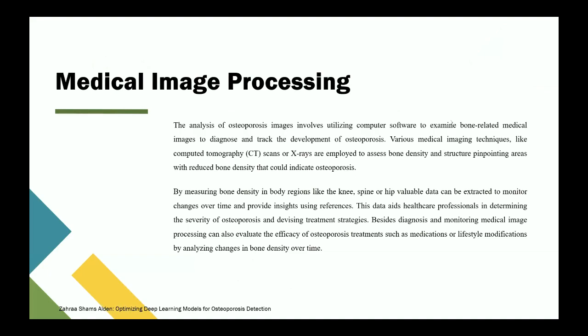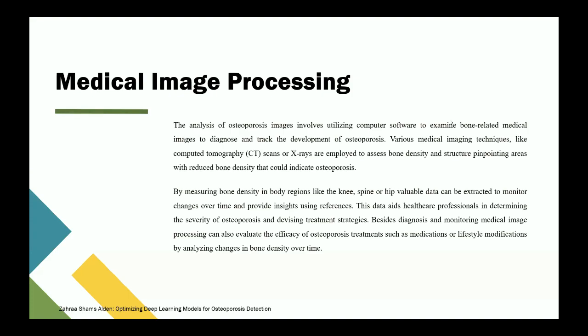If we want to discuss medical image processing, we can discuss the different mechanisms that have been used for analyzing osteoporosis images, X-rays, CT scans. There are many various medical imaging techniques that have been employed to assess bone density and structure, pinpointing the areas of reduced bone density that could indicate osteoporosis or normal cases.